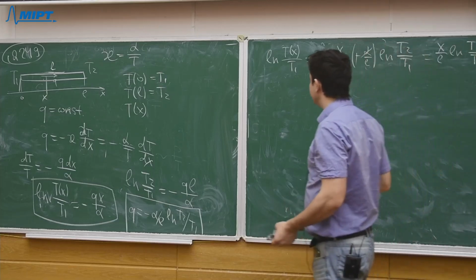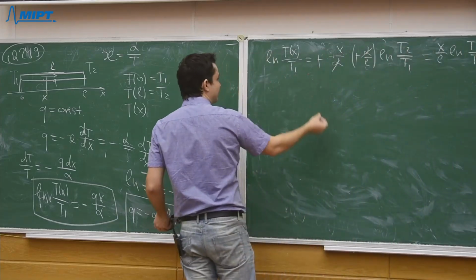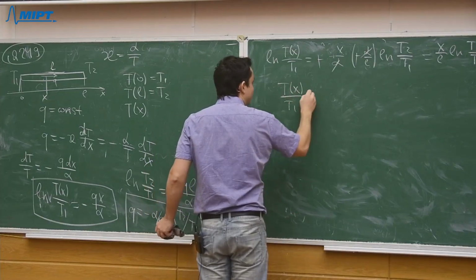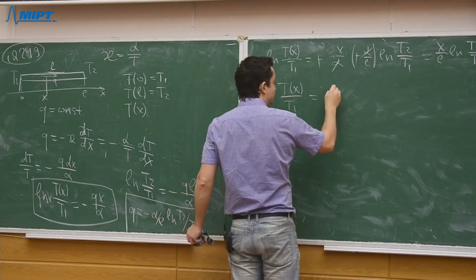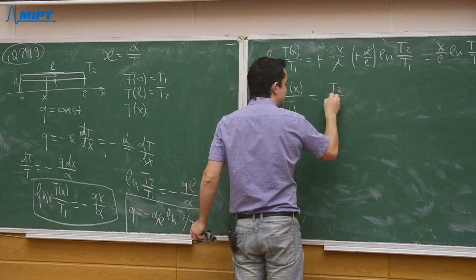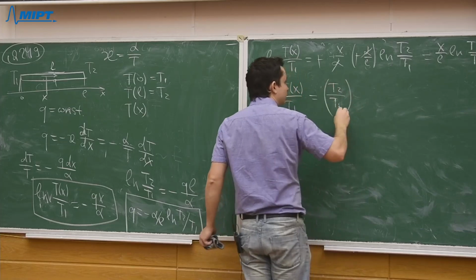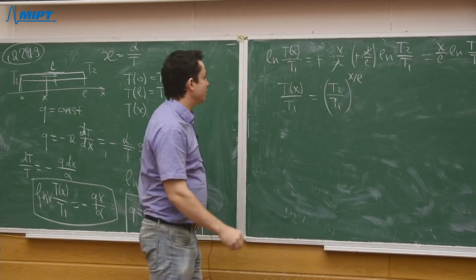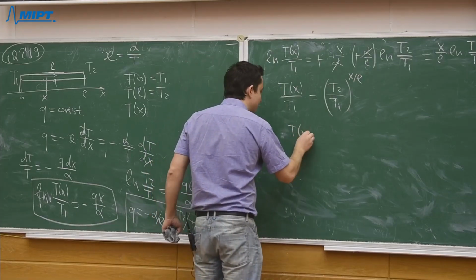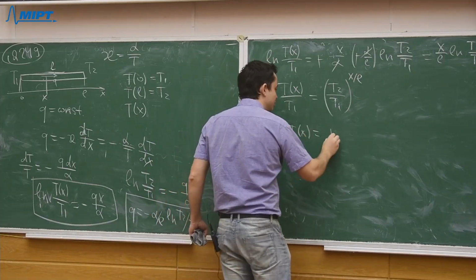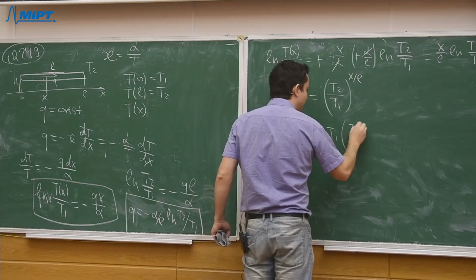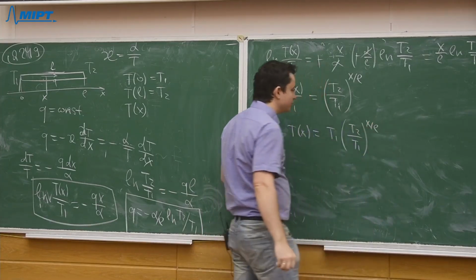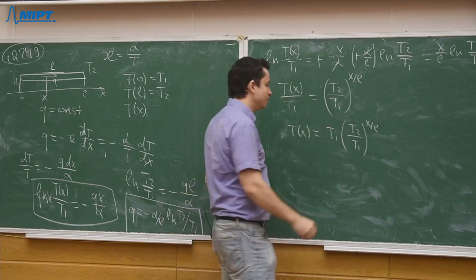And then I can take the exponent of the left and right hand sides. So that will give me T of x over T1 equals T2 over T1 to the power x over L. And finally, T of x equals T1 multiplied by T2 over T1 to the power x over L.